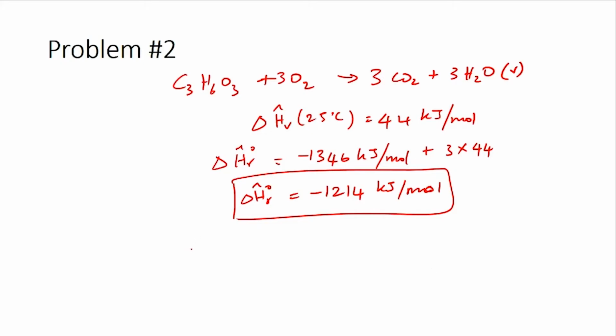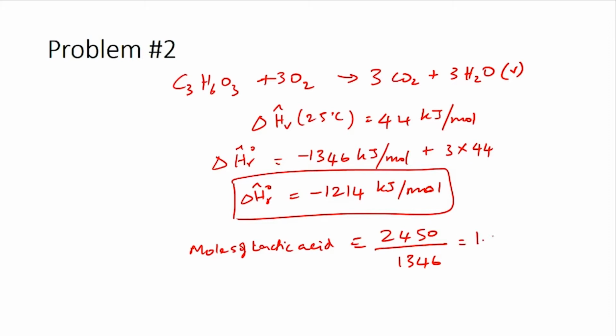So, moles of lactic acid combusted would be equal to 2450 divided by 1346, which is the 1346 kilojoules is the amount of heat which would be released when 1 mole of lactic acid is burnt.